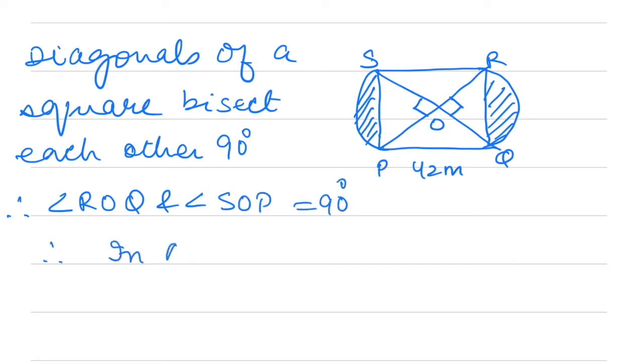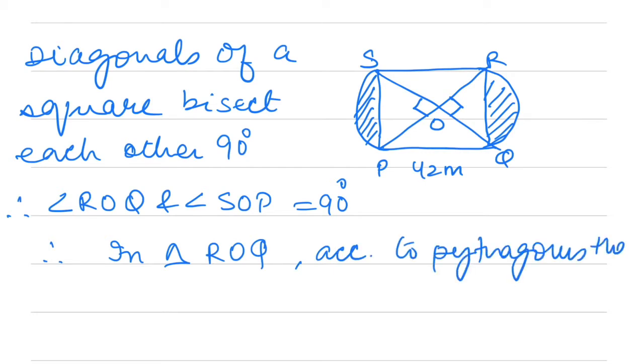Therefore, in triangle ROQ, according to Pythagoras theorem, we have OQ square plus OR square is equal to PQ square.